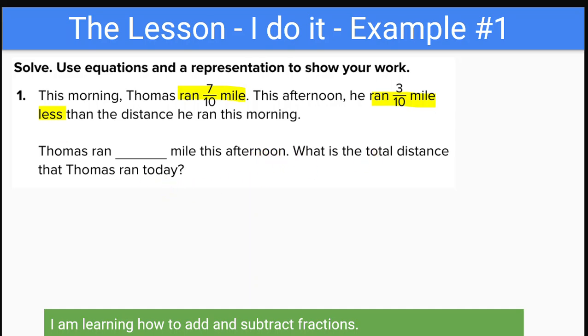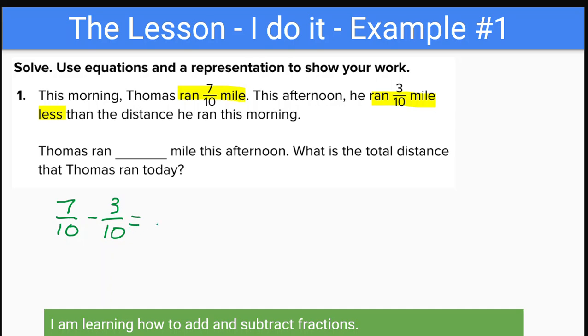Okay, well, let's figure this out. He ran 7/10 in the morning. But he ran 3/10 of a mile less than that in the afternoon.